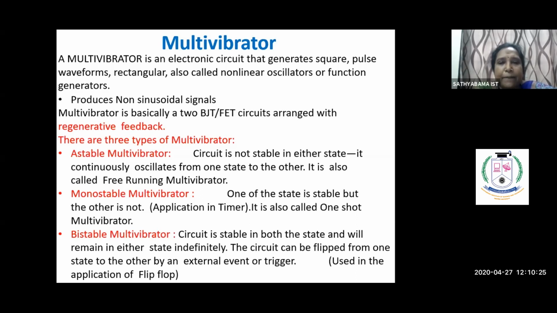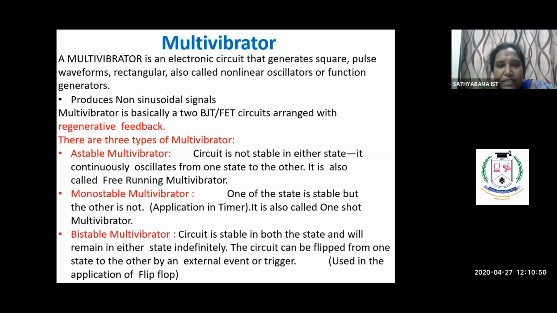Astable multivibrator. The circuit is not stable. It continuously oscillates from one state to the other state. It is also called a free running multivibrator. What does a state mean? The state is either 0 or 1; both are states.